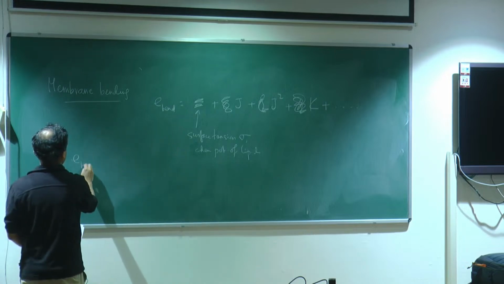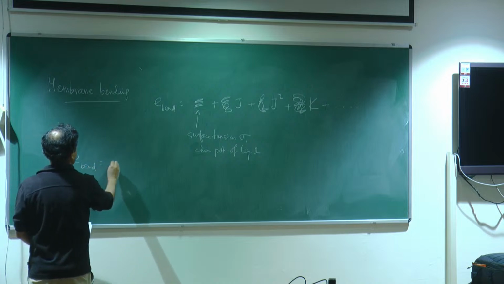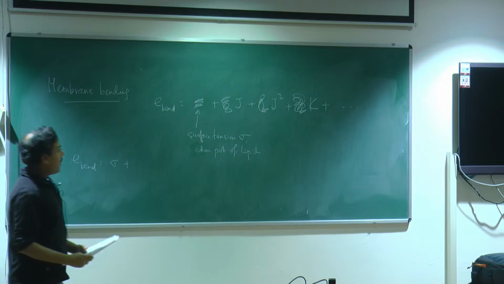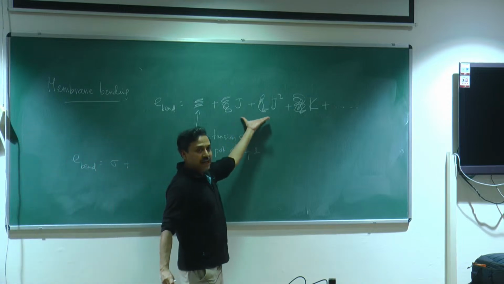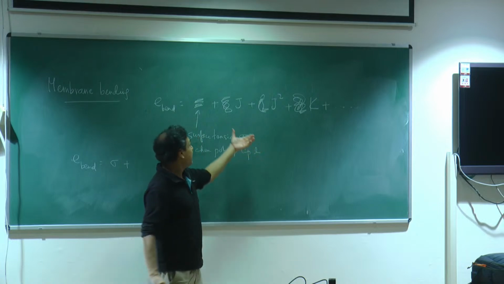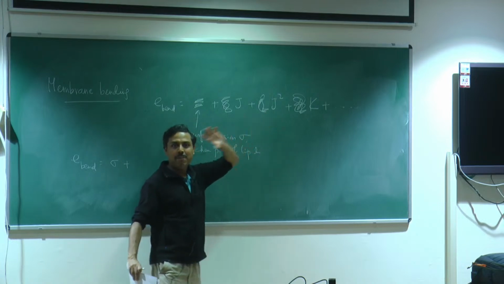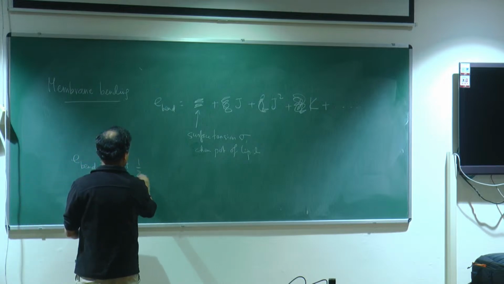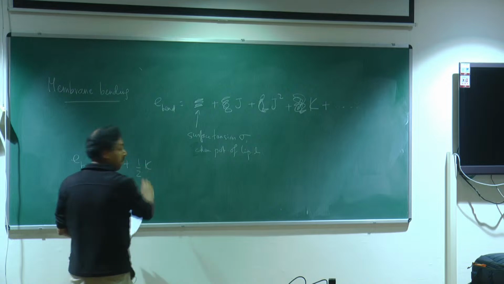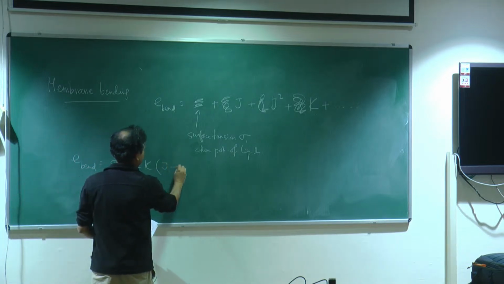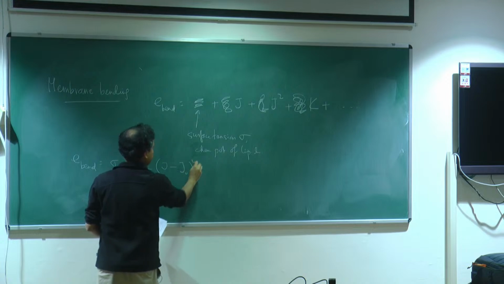So I write E bend as sigma plus, now I can take these two terms and combine them into one term. I take the J dependence and the J squared dependence and combine them by writing it as a half kappa times J minus J0 squared.